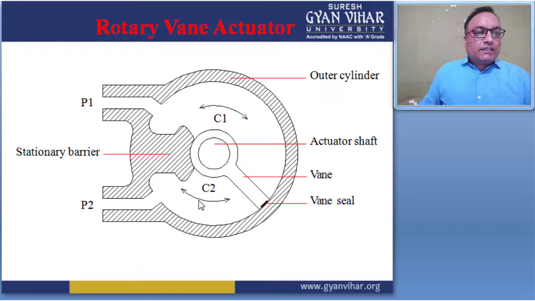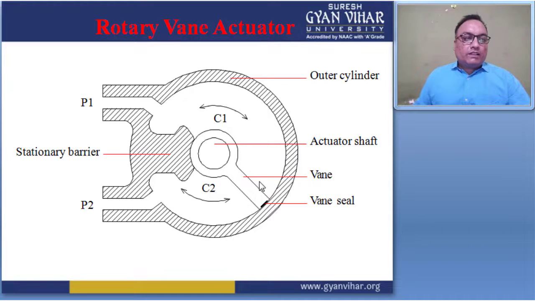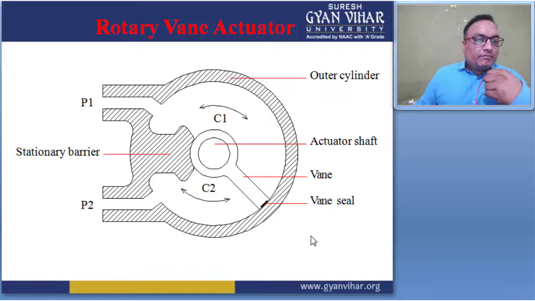This action provides a downward movement and creates an anti-clockwise rotation of the shaft. With the help of the lock nut, you can fix the operation of this cylinder at one specific angle. And one more mechanism is the check valve mechanism.